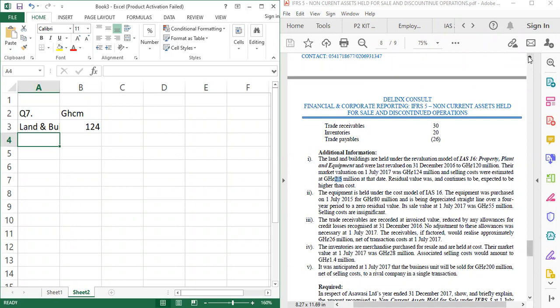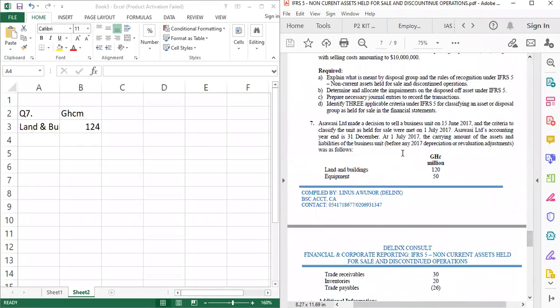The question says that at July 2017, the carrying amounts of the assets and liabilities of the business unit before any 2017 depreciation or revaluation adjustment were as follows. So we haven't calculated 2017 depreciation on them yet.